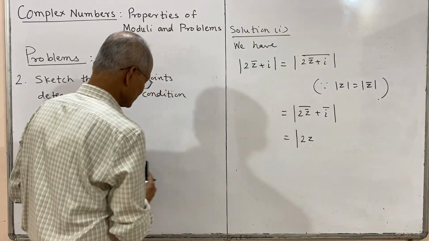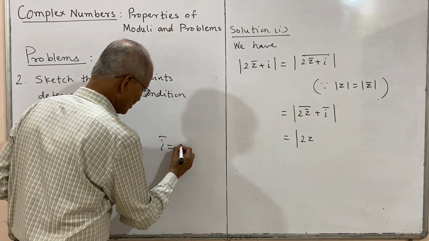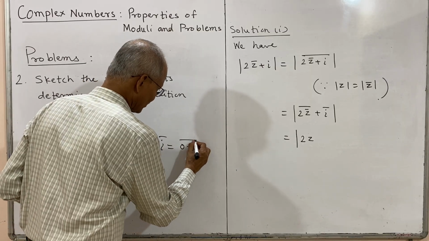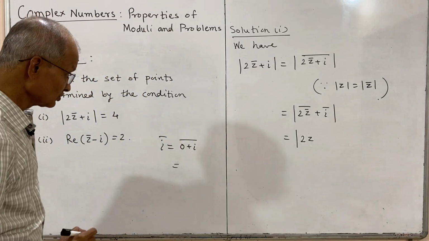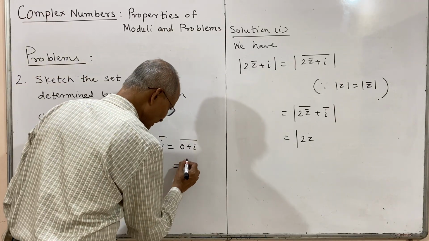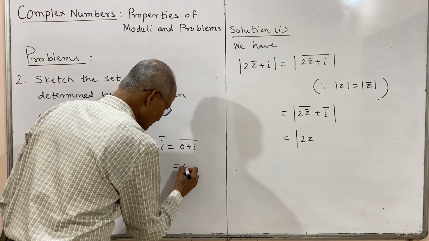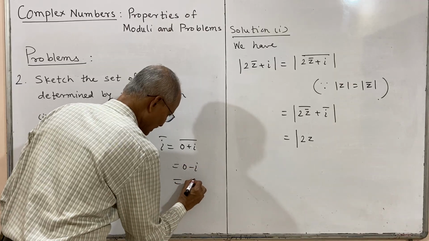i is 0 plus i, and conjugate of 0 plus i is, we have to change the imaginary part sign, so 0 minus i, which is minus i.